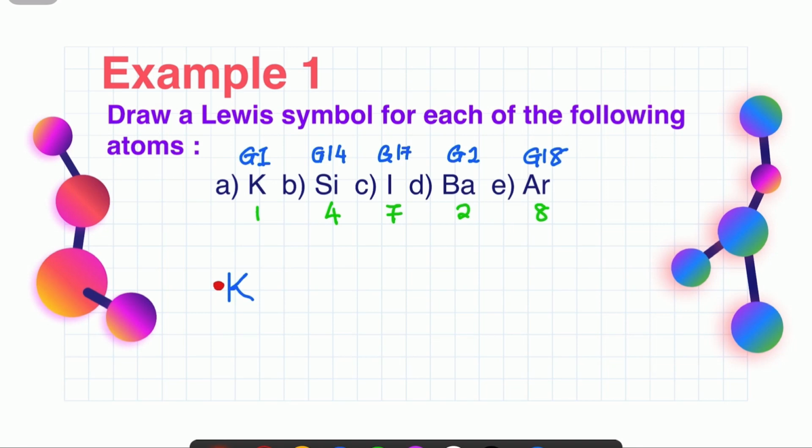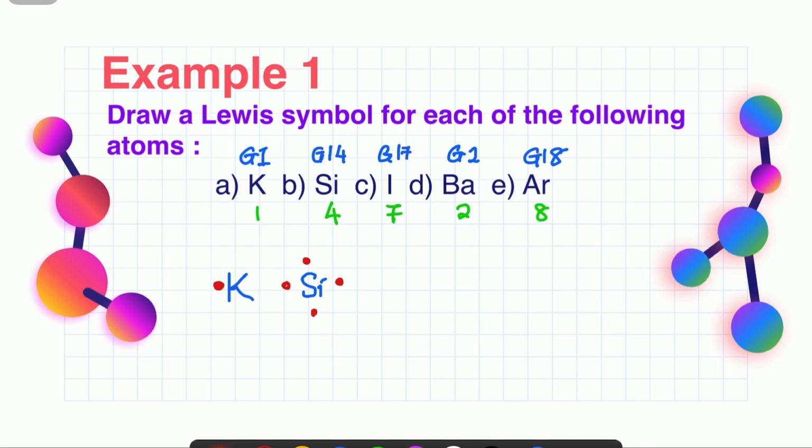For me, I put it at the left side. You also can put it at the right side, above or below. And the next one, silicon. It has 4 valence electrons. So there are 4 sides of the silicon, so you can complete the dots at each side.